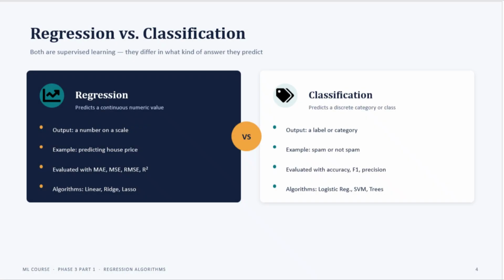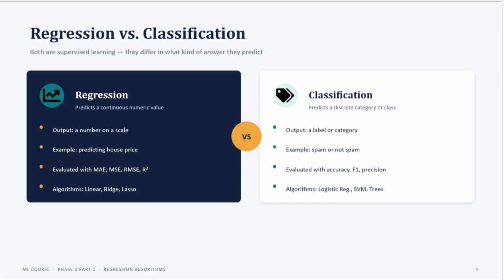Since both regression and classification belong to supervised learning, it's easy to mix them up. The key difference lies in the type of output they predict. Regression predicts continuous numerical values like house prices, temperatures, or salaries. On the other hand, classification predicts categories or labels, such as spam or not spam, disease or healthy, or cat versus dog.